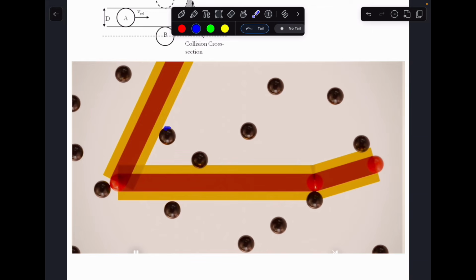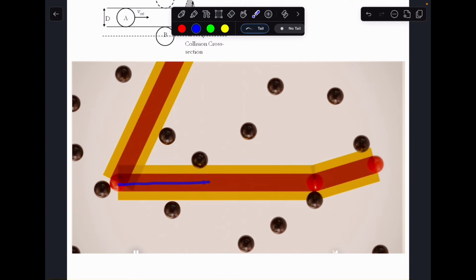Any molecule whose center is lying outside of the collision cylinder cannot perform any collision with this molecule. Here, this is the molecule whose collision cylinder we are talking about, and these are the surrounding molecules.